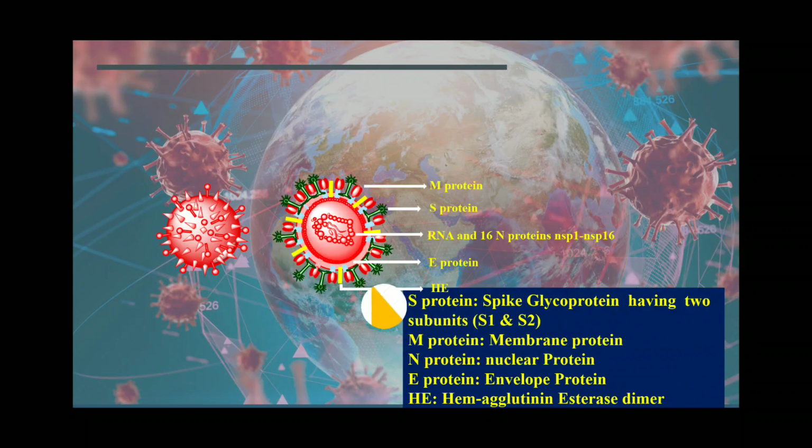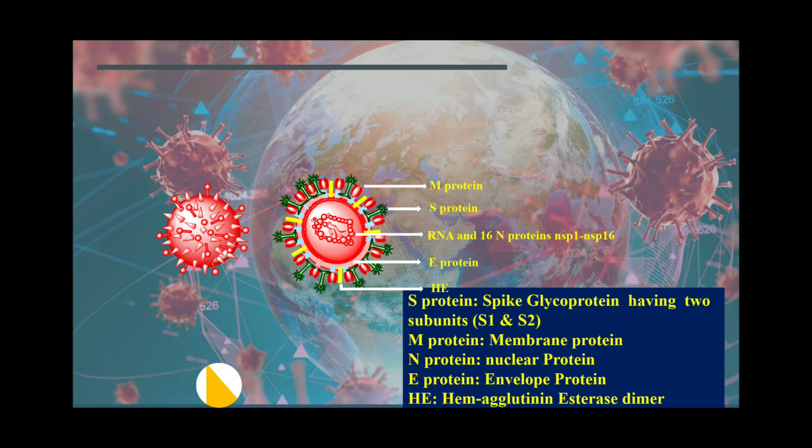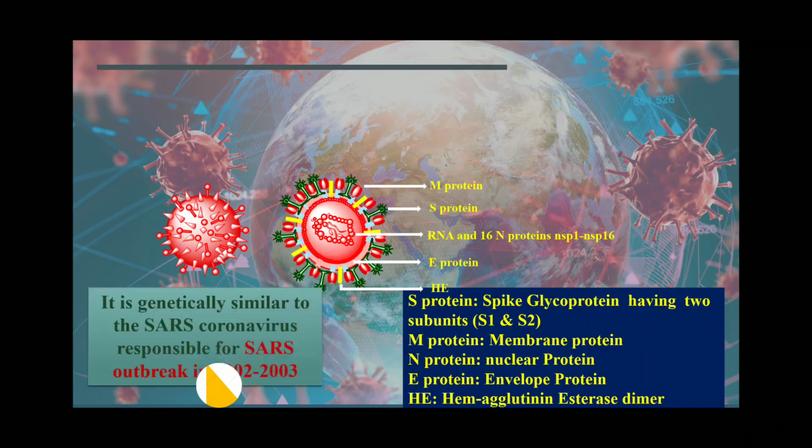So these are some common proteins that are present in the coronavirus, means the SARS-CoV-2. Now the question must be, why do we call it SARS-CoV-2? Because the genetic material is very similar to the SARS coronavirus that caused the outbreak in 2002 to 2003, right?